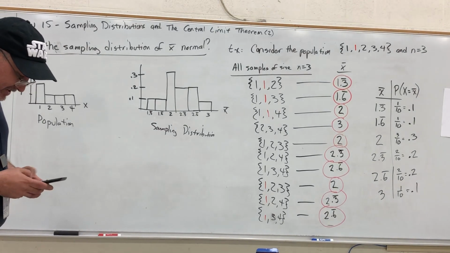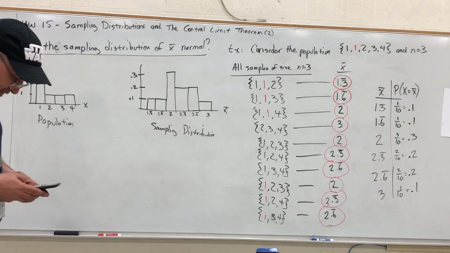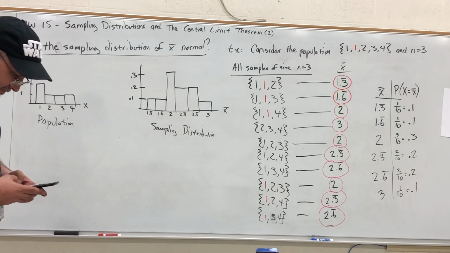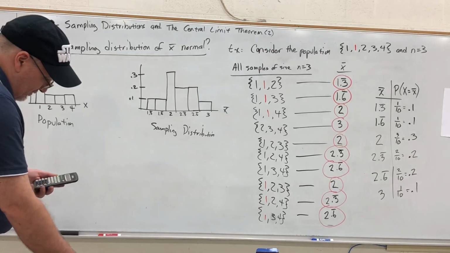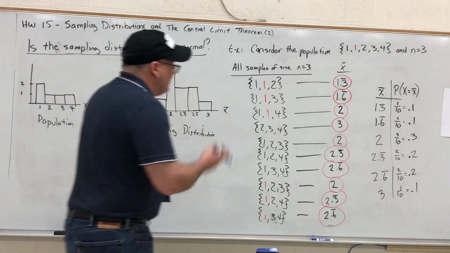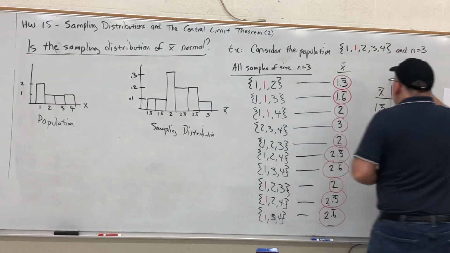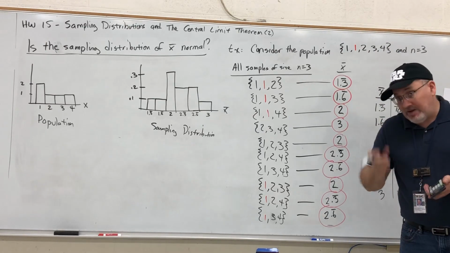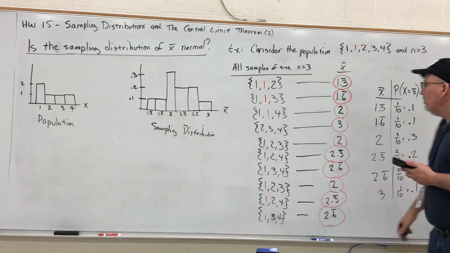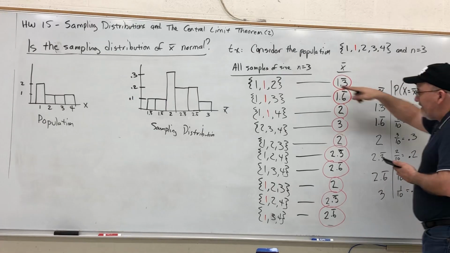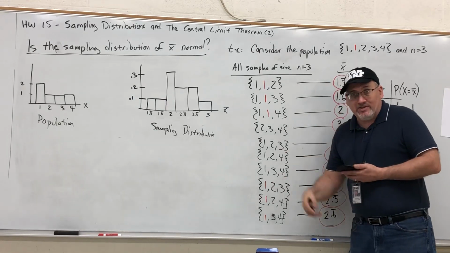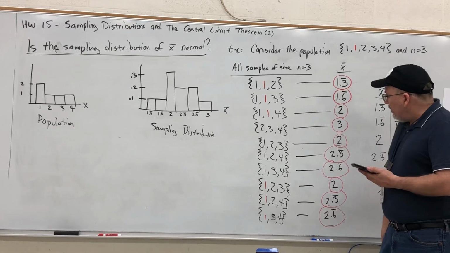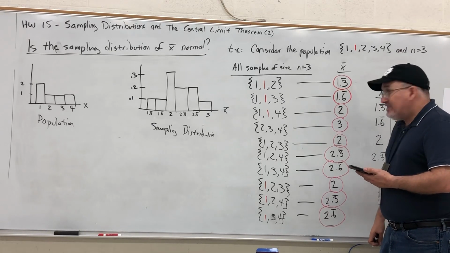Because if we did, give me 1 second, I may break this calculator. I didn't, but what I'm about to say is going to surprise you. Let's pretend that instead of a population of 5 numbers, we had a population of 500 numbers. And instead of picking every sample that contains 3 values, we picked every sample that contains 10 values.